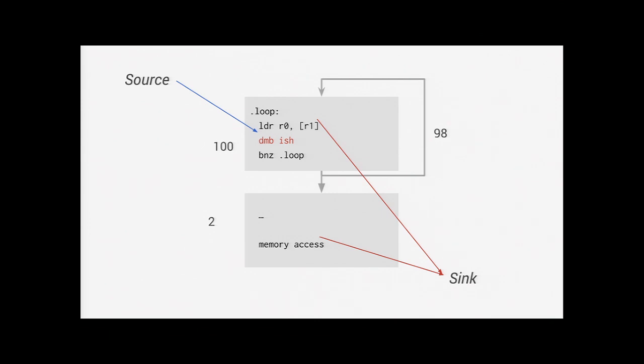All you need to do is to just say, when gathering the set of nodes that you connect to the sink, you should skip any node which is the node that introduced the fence in the first place. And this is enough to automatically sink the fence in that case. And there are other examples that I can talk about on how you can adapt this algorithm to all kinds of heuristics.